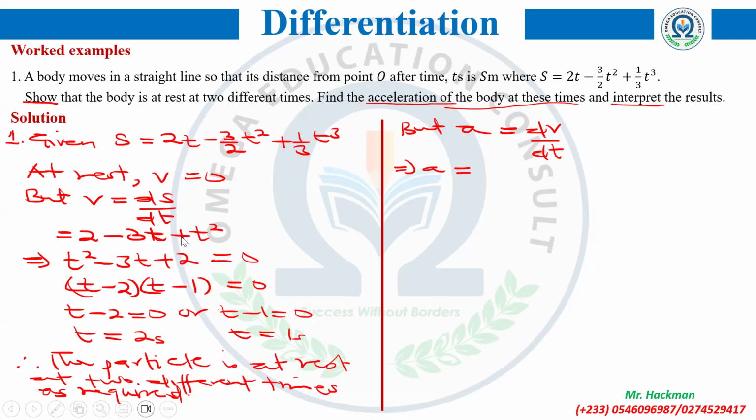So the exact velocity function is here. If I differentiate that, I am going to get minus 3 plus 2t. Do you agree? My professors, are you with me?